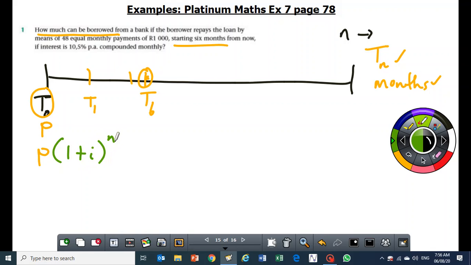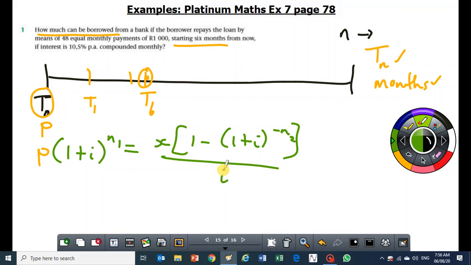Because we are dealing with a delayed payment of a loan, we use the present value formula. So it will be x times 1 minus 1 plus i raised to the power of minus n. I prefer to call this one n1 and that one n2 to avoid confusion. And that is all over i.